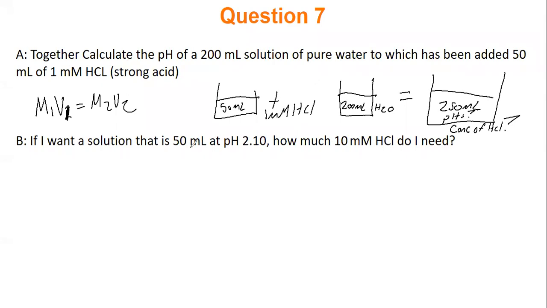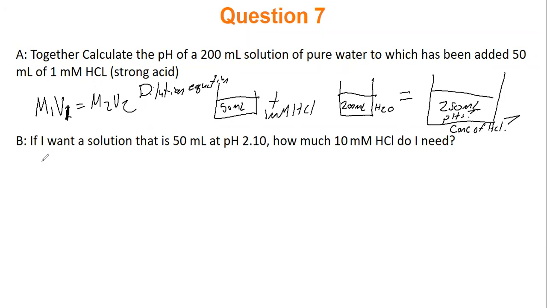What this says is molarity of solution 1 multiplied by volume of solution 1 equals molarity of solution 2 multiplied by volume of solution 2. As a reminder, it's called the dilution equation. Whenever you're diluting something and you want to find the new molarity, you use this equation.